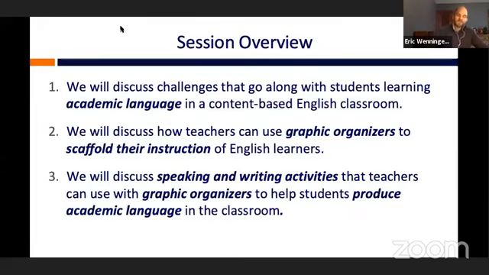All right, so to get more into an overview, what our goals are today, we'll discuss the challenges that go along with academic language or with students learning academic language in a content-based English classroom. I think it's important to acknowledge that academic language doesn't necessarily mean higher education or at the university level. It can mean any grade level language that students are learning or language of school.